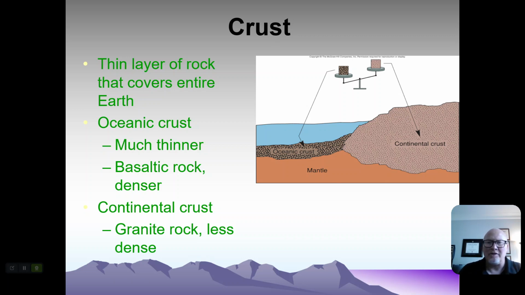And in this diagram, you can see that in the areas where we have continental crust, picture mountains and whatnot, the crust extends below the surface as well. So it's much thicker. As you have thickness going up, you also have thickness coming down. And this is a concept called isostasy, where it reaches an equilibrium point where all of the crust is essentially floating on top of the mantle.